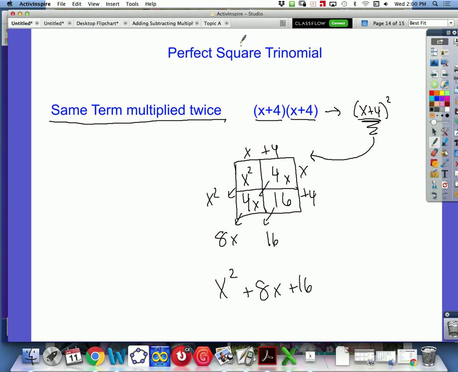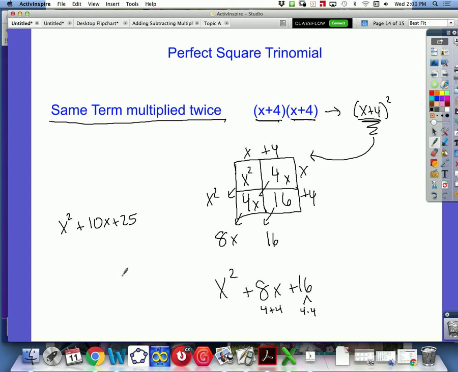So your key to identifying if it's a perfect square trinomial is going to be that it is the same term multiplied twice. And if we notice here, we have 16, which is 4 times 4, and 8 is 4 plus 4. So another example could be x squared plus 10x plus 25.